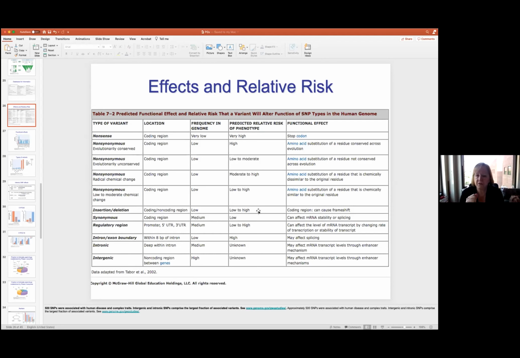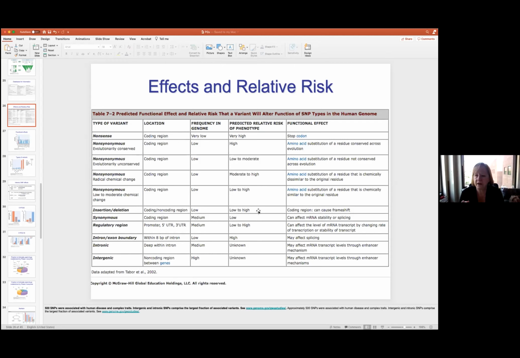And remember that instead of having the open reading frame, when you get thrown into those other reading frames, first off, you're going to change all the amino acids downstream probably. And secondly, you're going to encounter a stop codon a lot earlier than you would have expected.